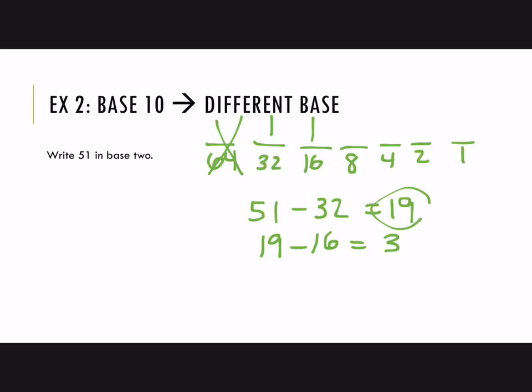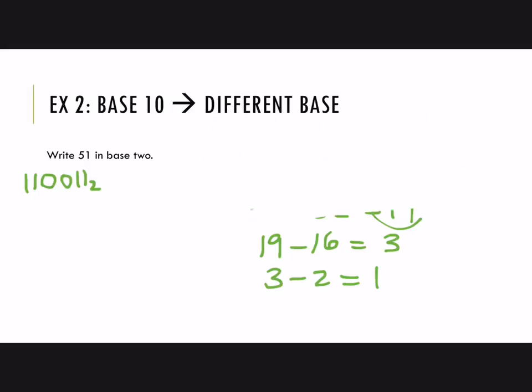Okay, now we're working with 3, so we don't have enough to make any groups of 8 or any groups of 4, but we do have enough to make one group of 2, and then subtracting 3 minus that one group of 2 leaves 1 left over, which is enough to make 1, 1. So the answer here would be 1, 1, 0, 0, 1, 1, and then a little subscript 2 to show that it's base 2.